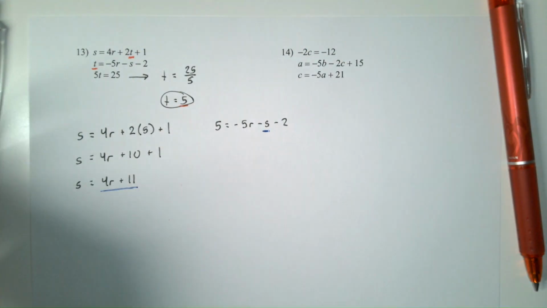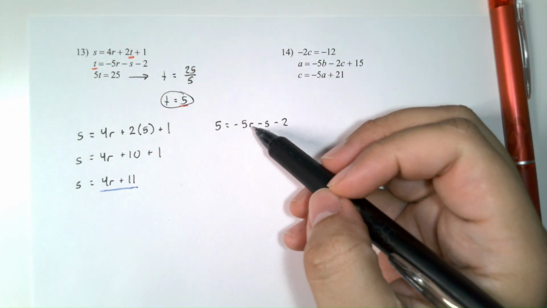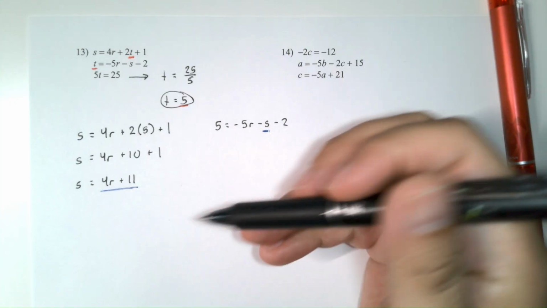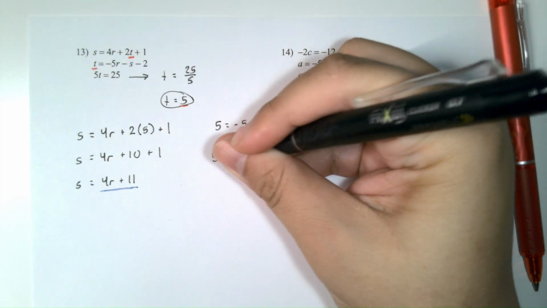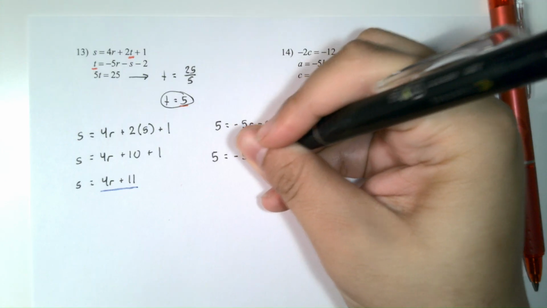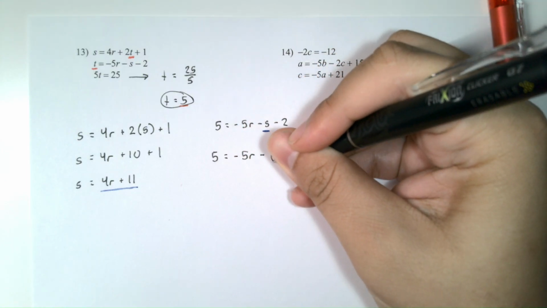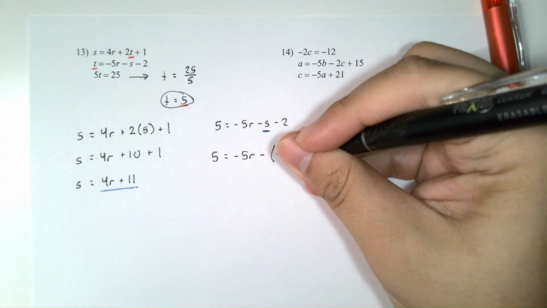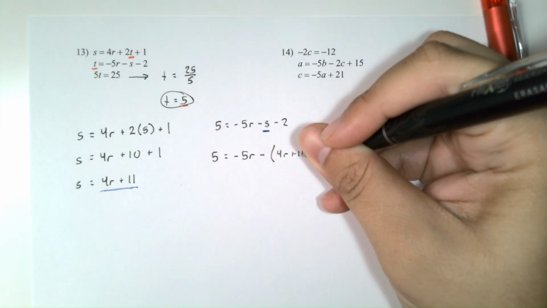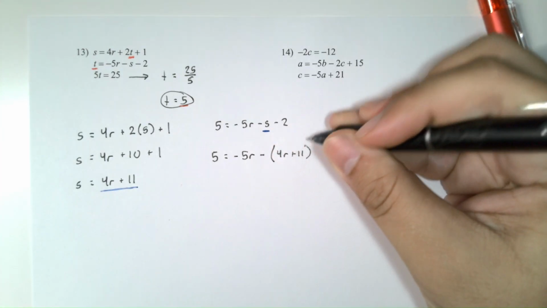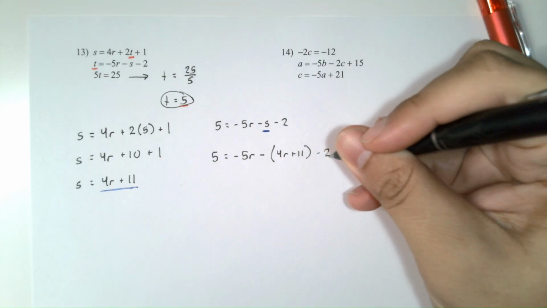And that's going to get us an equation entirely in terms of r, because there's only an r there, there's only an r there. And so that means we have 5 is equal to negative 4r, minus, and in parentheses, I'm going to write the 4r plus 11. We don't want to mess up the sign right here. And then minus 2.